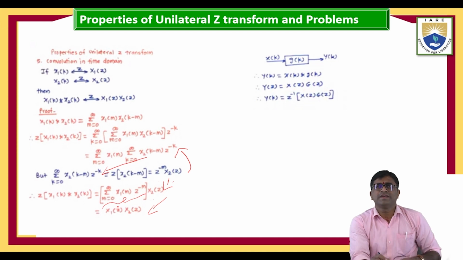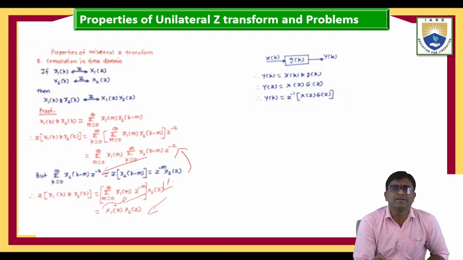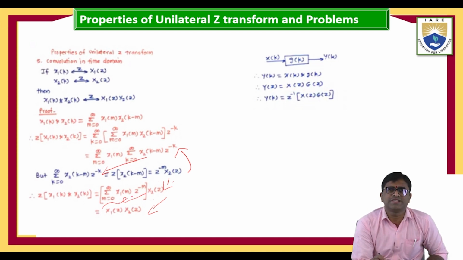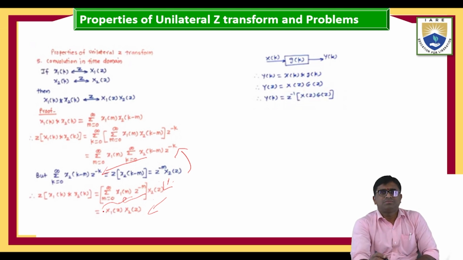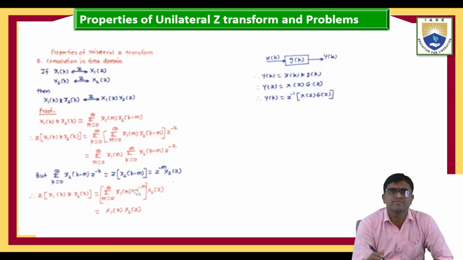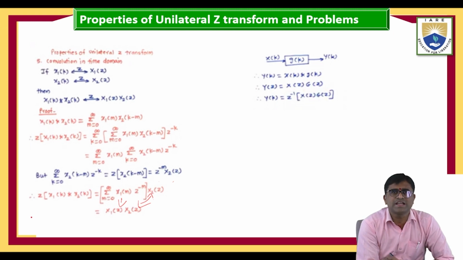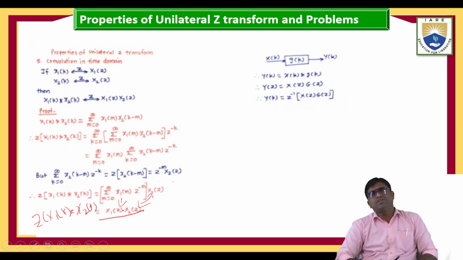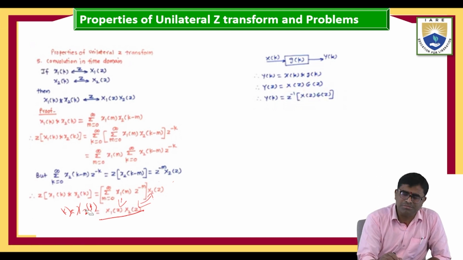So it is x1 of z, and here x2 of z is there. So from the convolution theorem, the Z transform of x1 of k convolved with x2 of k equals x1 of z into x2 of z. This is your convolution property.